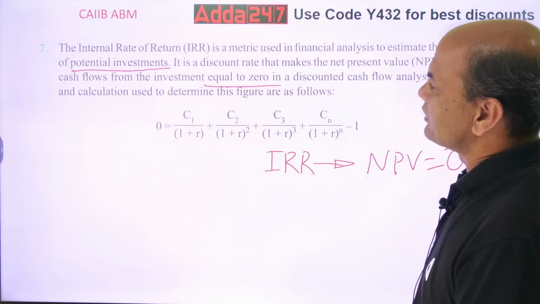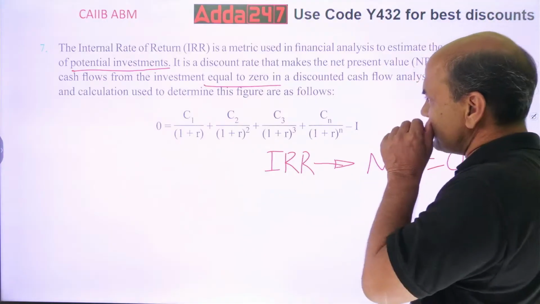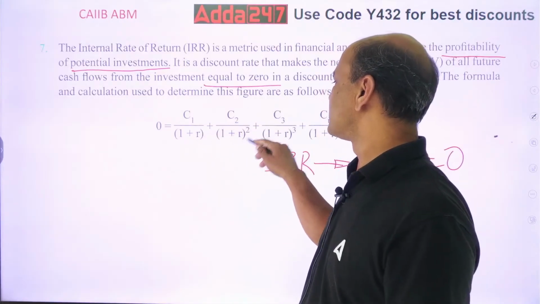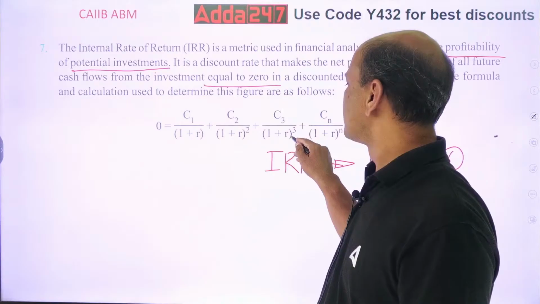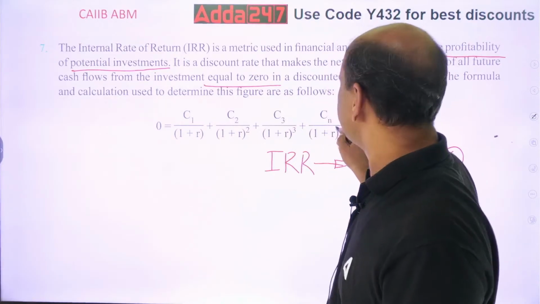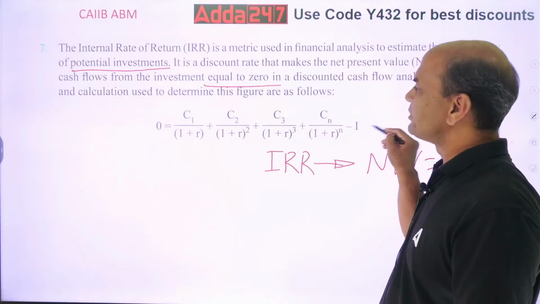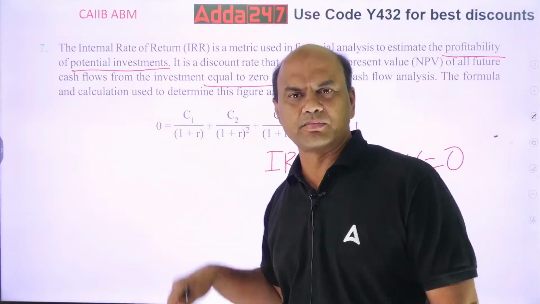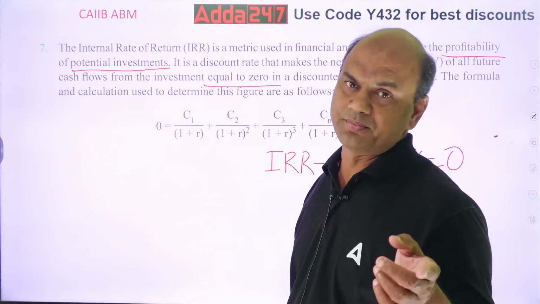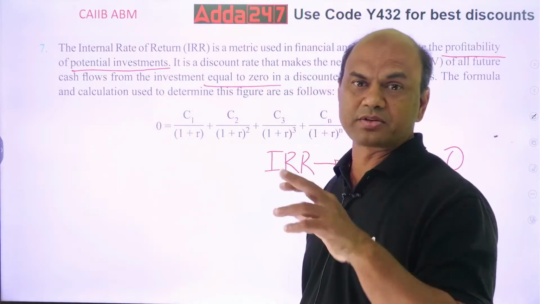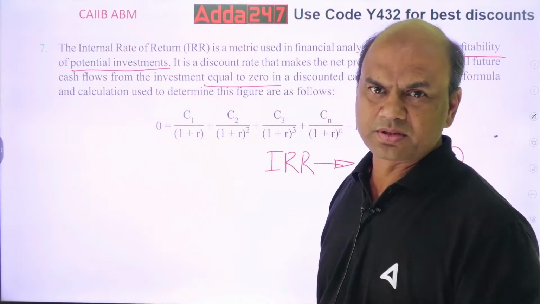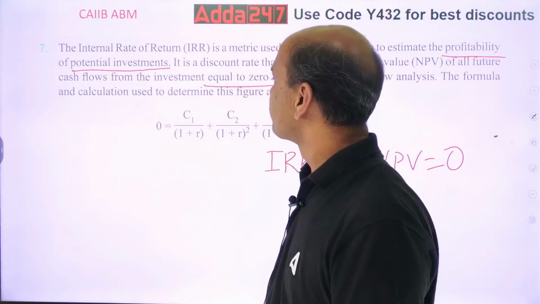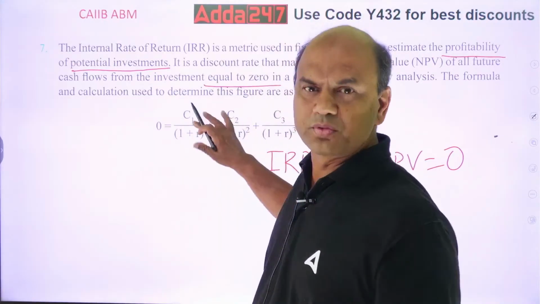The formula and calculation used to determine this figure is always shown this way. 0 equals C1 upon 1 plus R, plus C2 upon 1 plus R raised to 2, plus C3 upon 1 plus R raised to 3, and so on up to n, minus my initial investment. Now if your C1, C2, C3 are the same, then you can use the present value formula: C into 1 plus R raised to n minus 1, upon R into 1 plus R raised to n. So the present value formula you can also use. But if the cash flows are different, then you have to use it this way only.